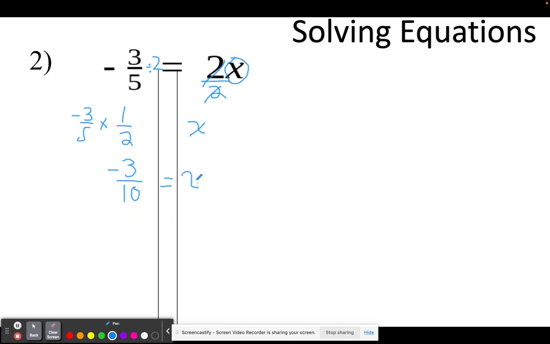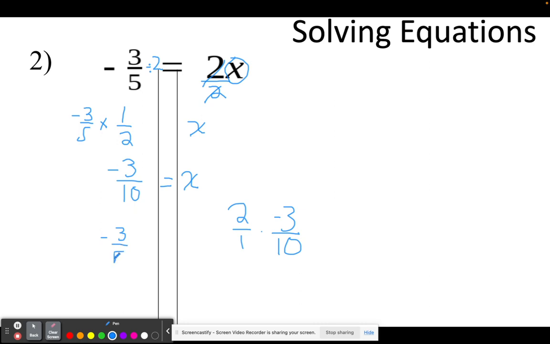Should we check it? Probably not a bad idea. Is 2, or 2 over 1, times negative 3/10 equal to negative 3/5? That's my big question.